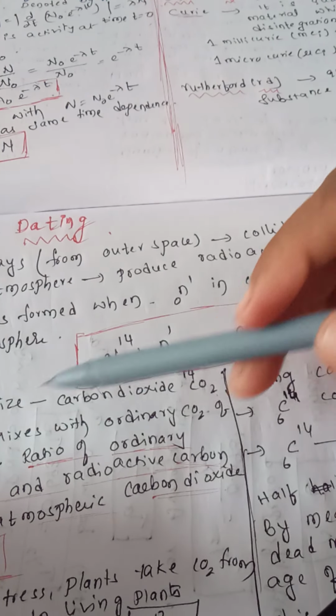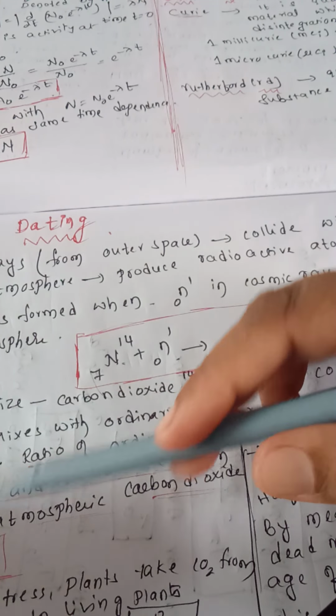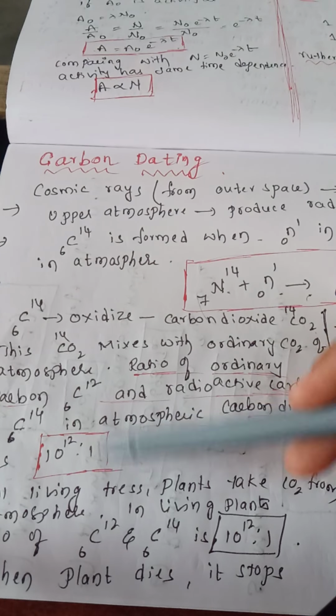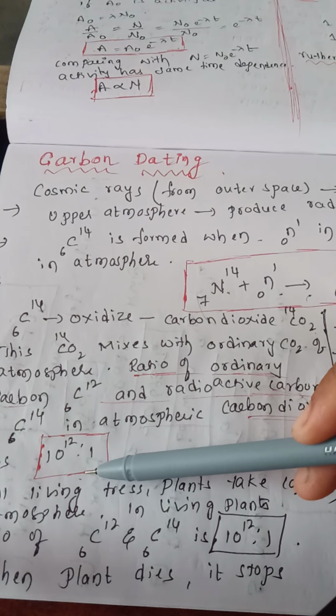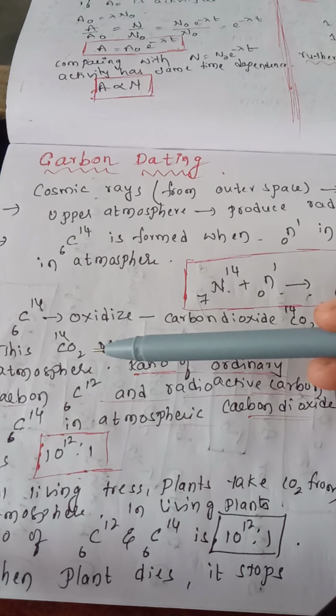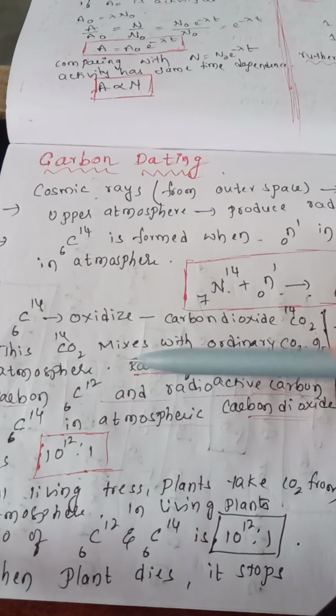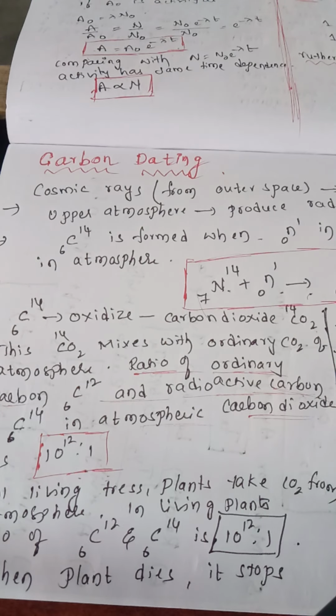So the ratio of ordinary carbon C-12 to radioactive carbon C-14 in atmospheric carbon dioxide will be 10 to the power of 12 is to 1. So what is this ratio? It is the ratio of ordinary carbon C-12 and radioactive carbon C-14 in atmospheric carbon dioxide, 10 to the power of 12 is to 1.